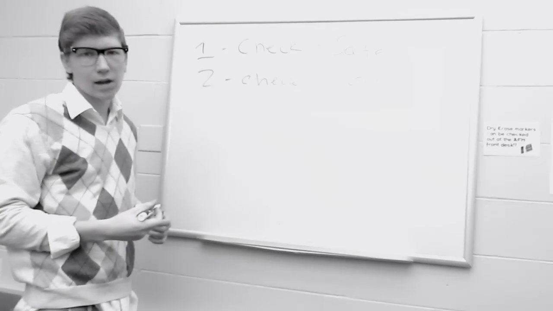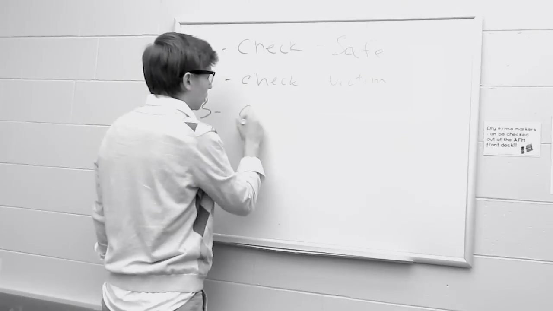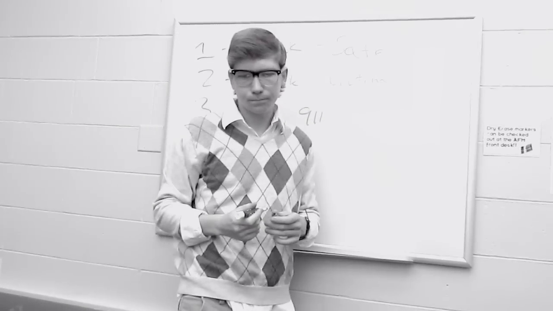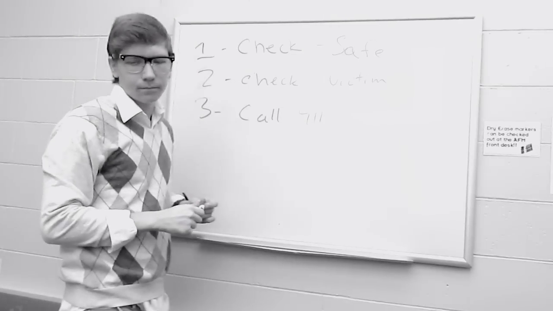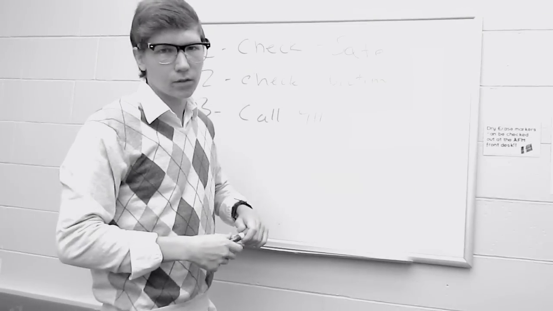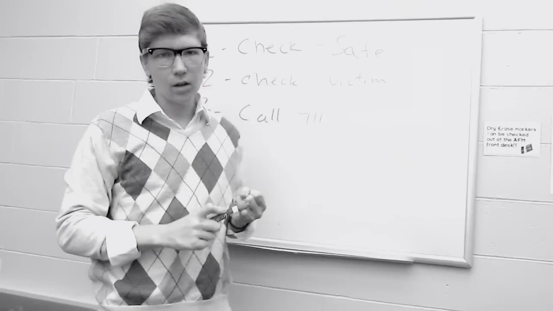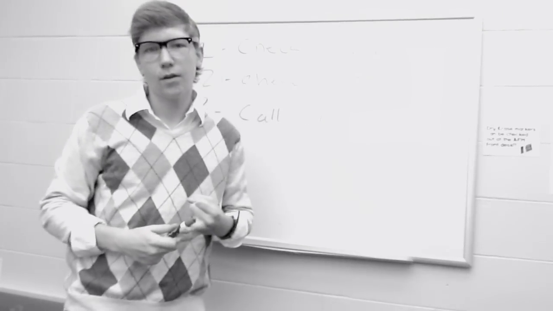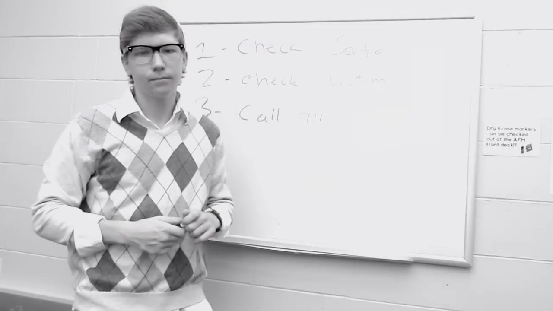If your victim is not conscious or is not responding, you will want to call 911. After you've called 911, you're going to want to go over the basic steps of checking your victim. You're going to want to go over if the victim is breathing, if the victim has a pulse, and if they have neither of those, then you go straight into CPR.